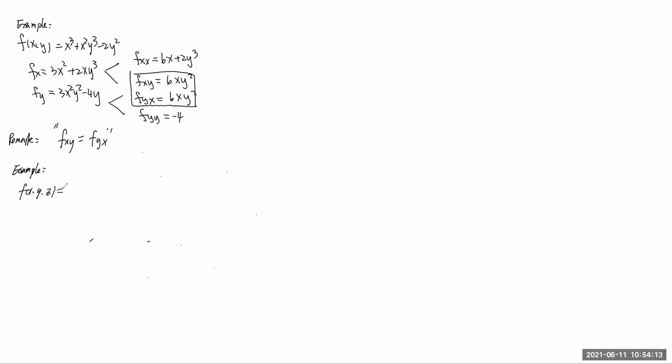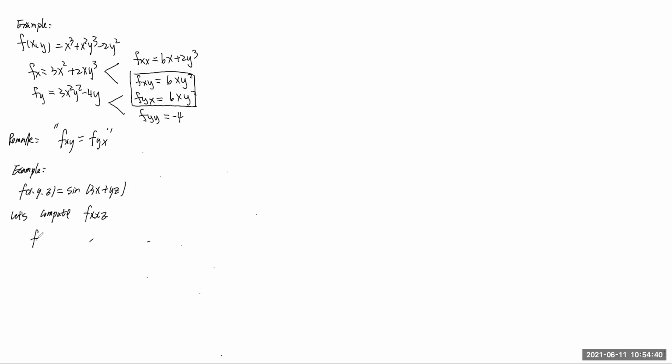Next example. f(x,y,z) is sine of 3x plus yz. Let's compute fxxz. That means you differentiate x twice and then differentiate z once.